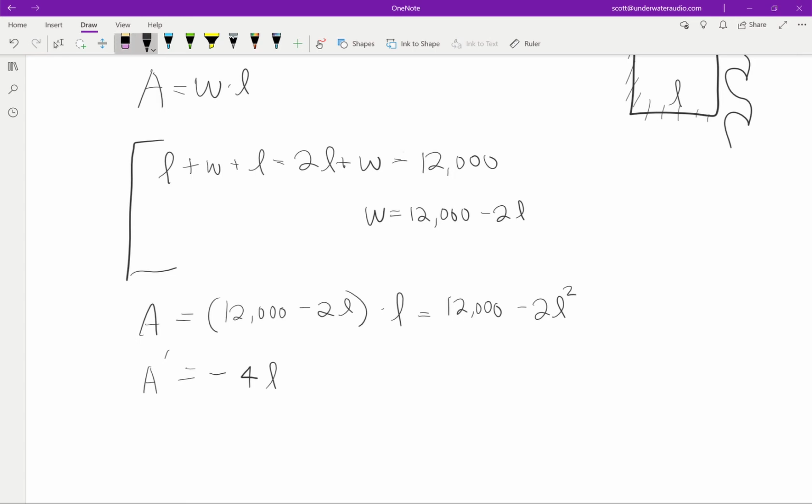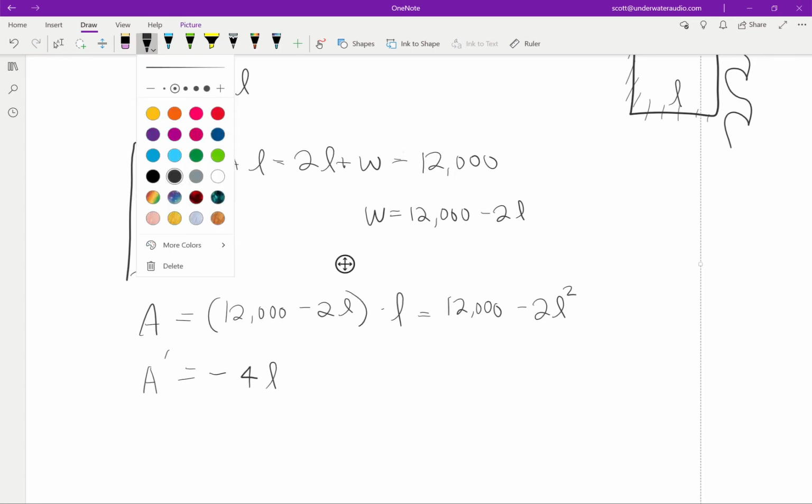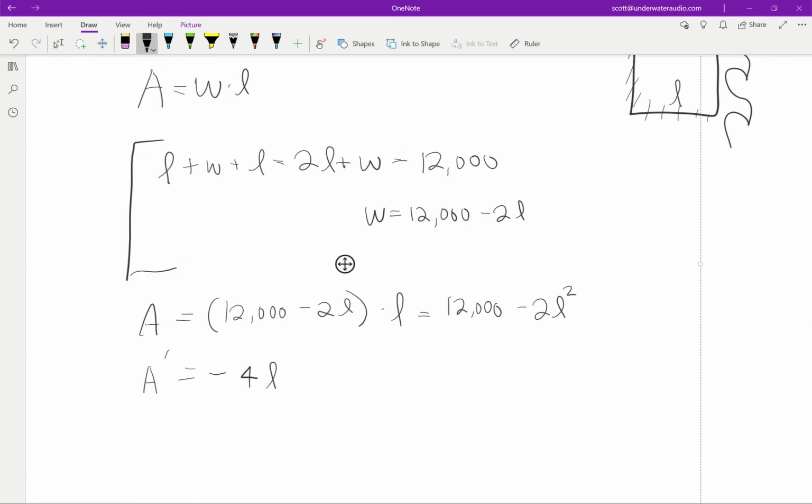So actually, I think I missed something. When I multiplied 12,000 times L, I forgot to put an L here. My bad. Okay, so that changes things a little bit. I want the derivative. The derivative should be 12,000. Sorry about all this stuff coming up on my laptop. You might not be able to see it, you can probably just hear it. Oh well. Derivative of 2L squared is minus 4L.